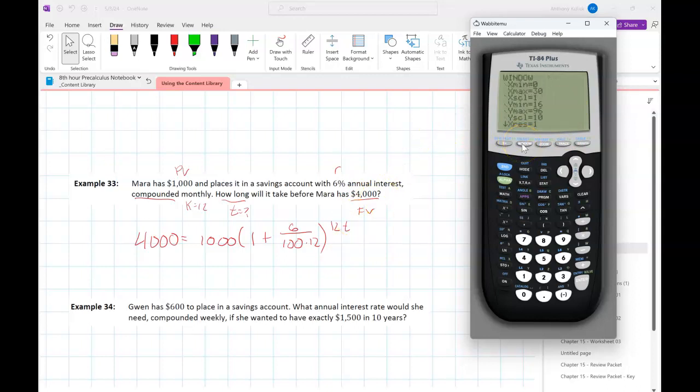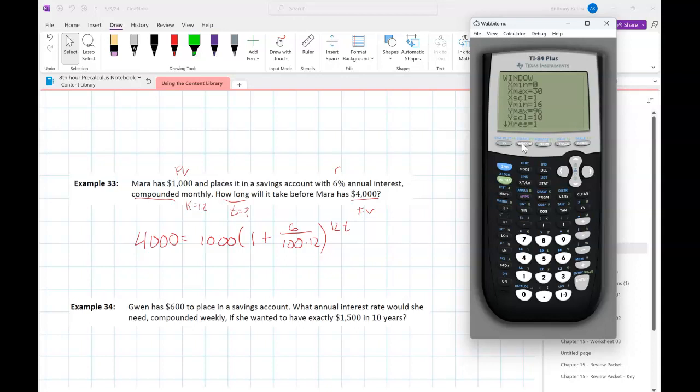So if I go pick my window, x is time. If x is time, what's a good x min? 0. Excellent. The x max could be, what's a good upper bound here?